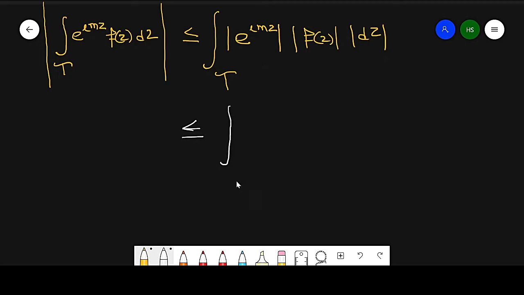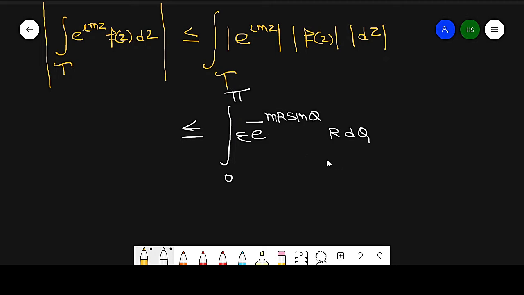Now tau is a small semicircle, so its limit will be 0 to pi when it is in theta. So this is e raised to power minus mr sine theta. This modulus is less than epsilon, so this is f(z). So what is this? This is r into d theta. So I get this value.